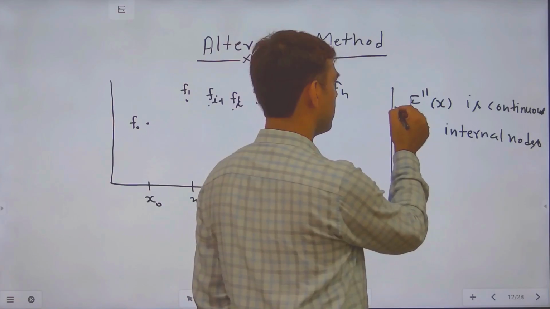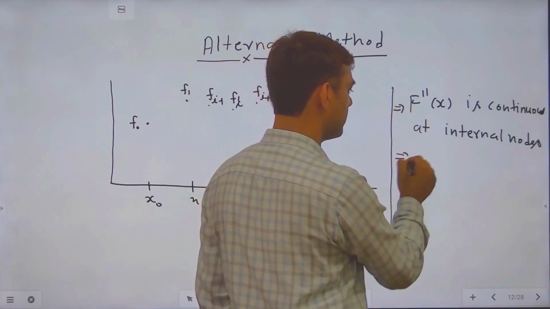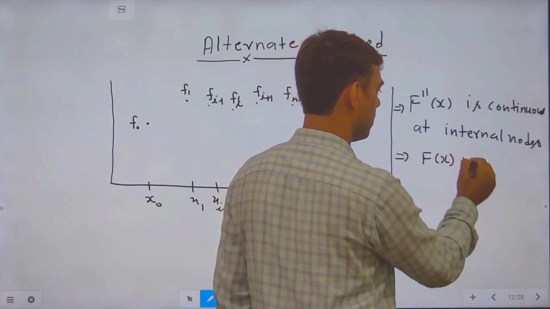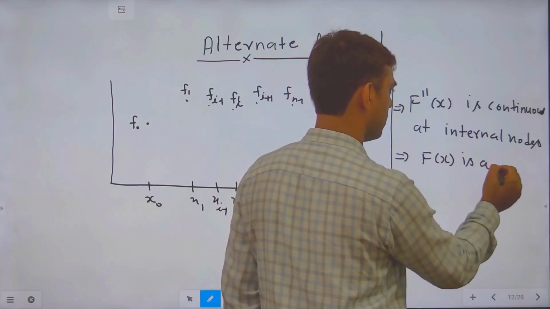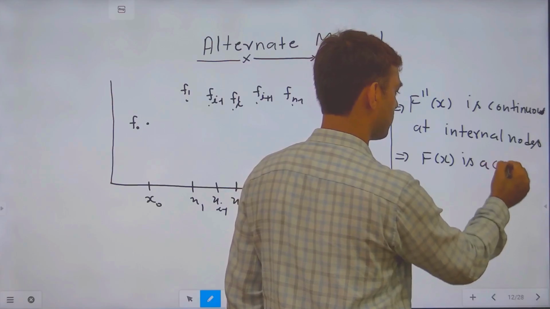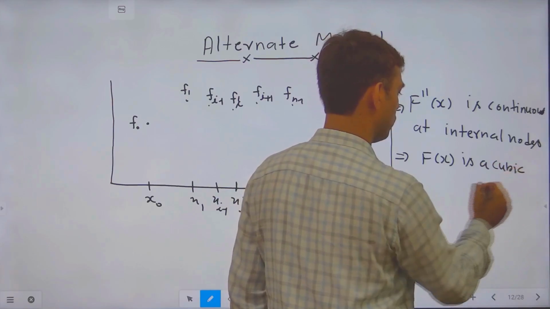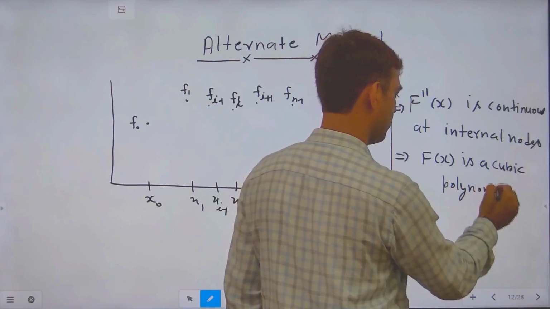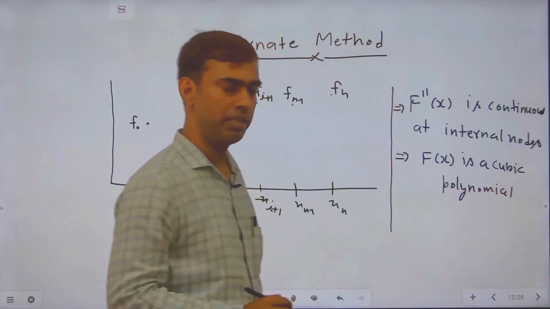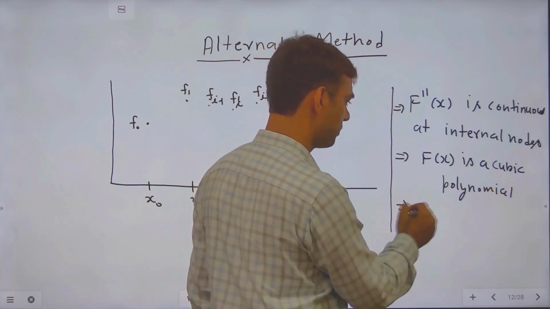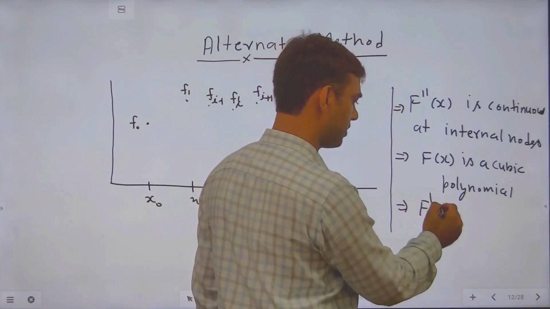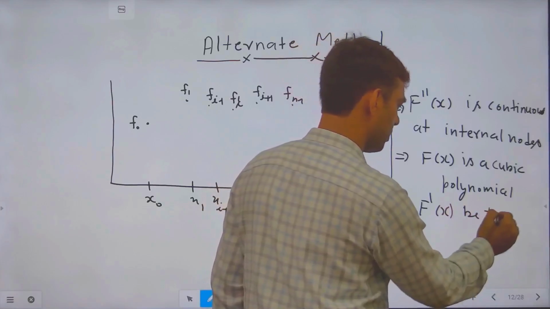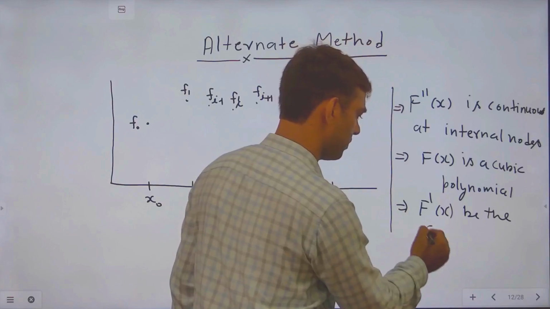Here we know that f(x) is a cubic polynomial. Then what will happen? f dash x becomes a quadratic polynomial.